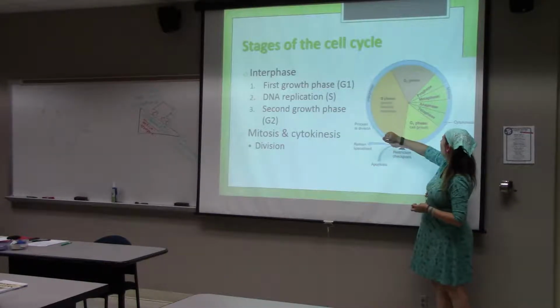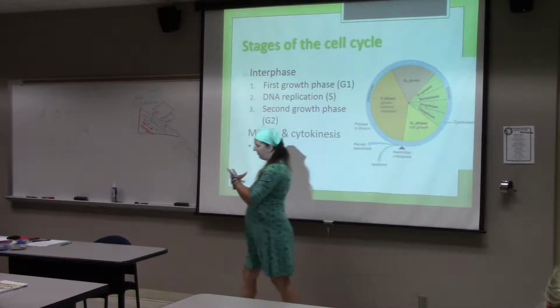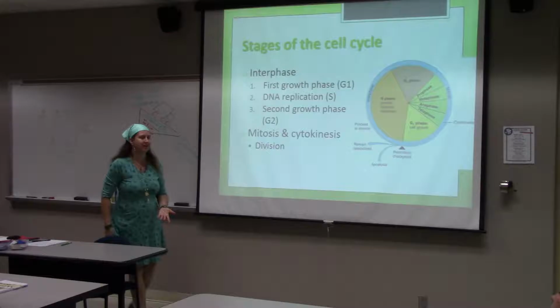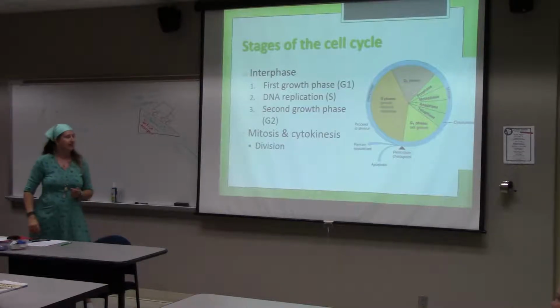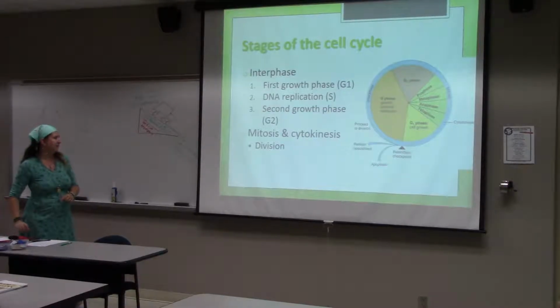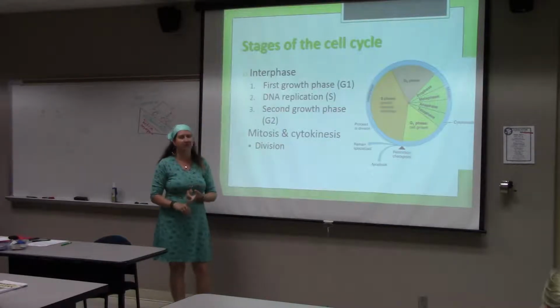After they replicate the DNA, they go on to G2, where they're going to do the rest of what they need to prepare to divide, such as building special proteins or more organelles. And then division itself includes 2 processes called mitosis and cytokinesis.